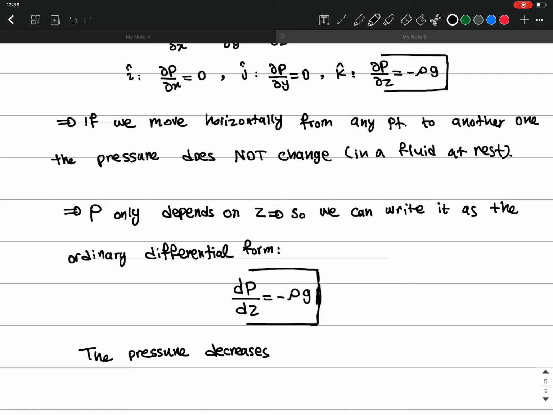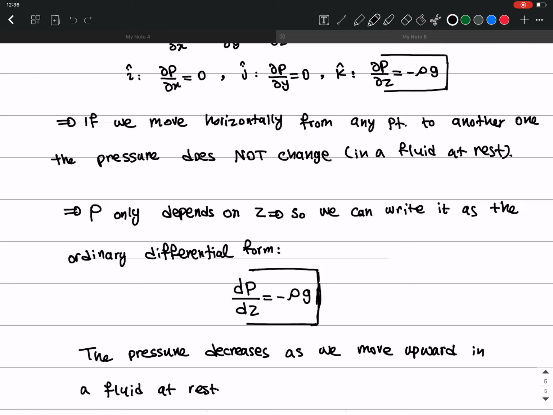So as you see, the pressure decreases as we move upward in a fluid at rest. This is what this formula says to us. So the pressure decreases as we move upward in a fluid at rest. What does this mean?